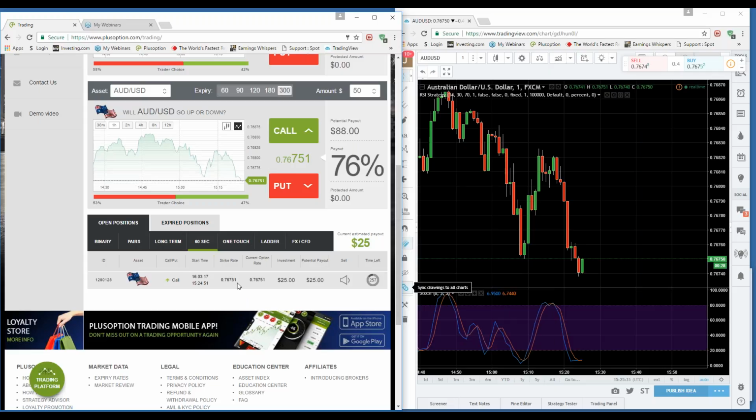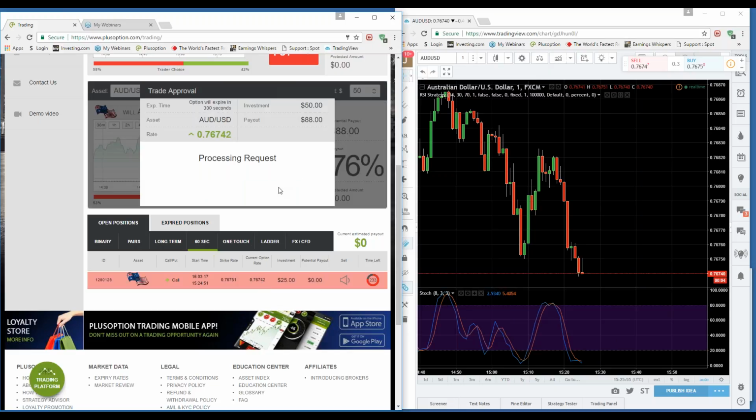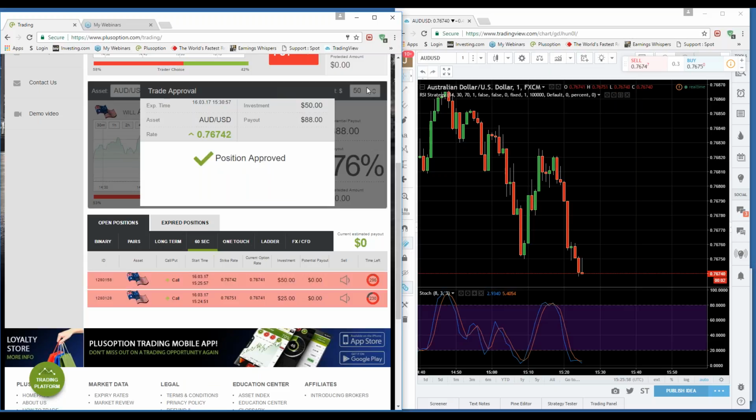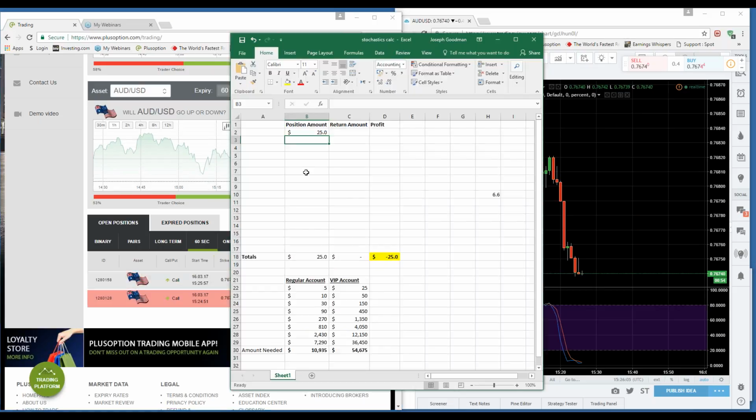So we're just moving right around our strike price, right on it, tied at this point. Okay, so we're now 5 pips different. Let's go ahead and take that next trade. Immediately I get my next trade ready. 50 over here.